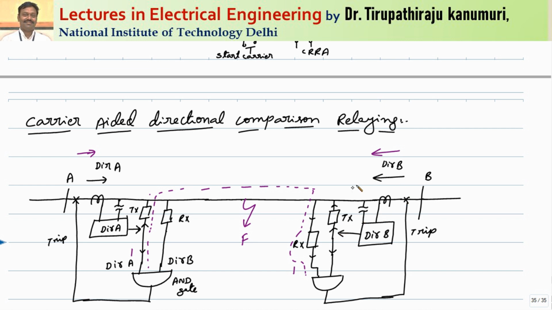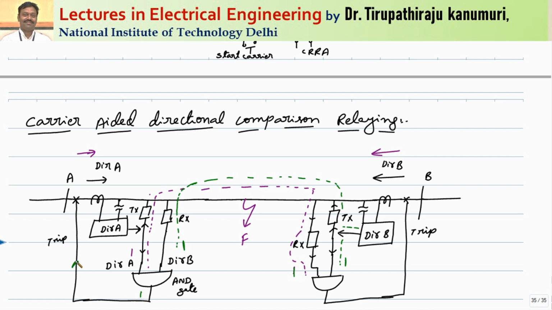Let us take the case of what will happen at relay B. Now at the receiving end, B also senses there is a fault. So automatically this will also sense one signal. The signal will be transmitted like this. It transmits 1 here. Similarly the same signal will be transmitted to this relay. This relay will receive it and that receiver will receive 1. Whenever 1 is given to this AND gate, 1 AND 1 will become equal to 1.